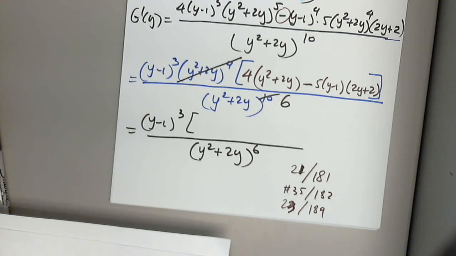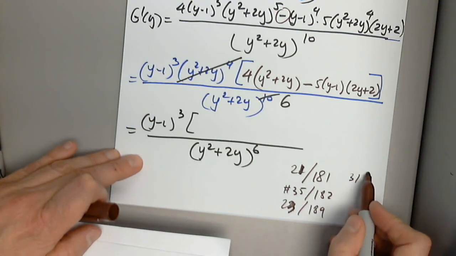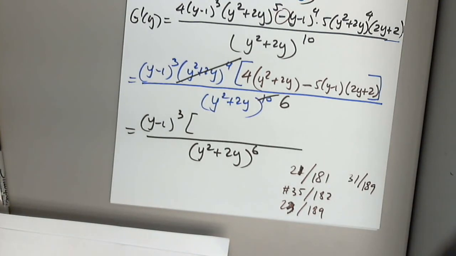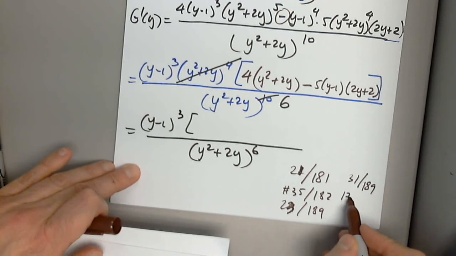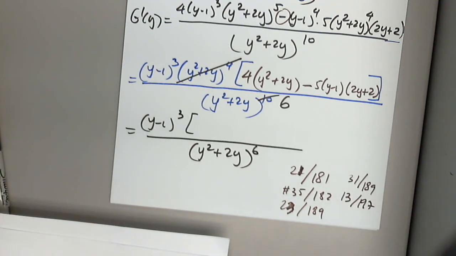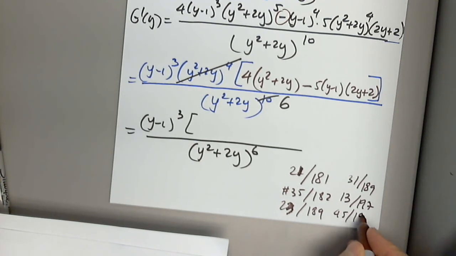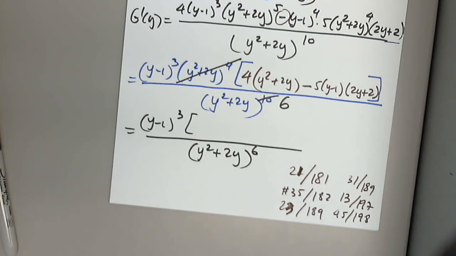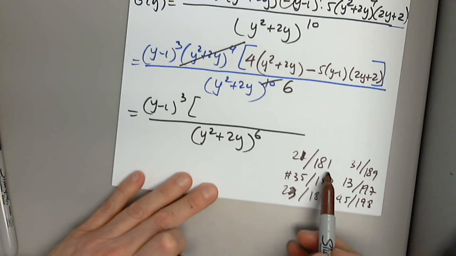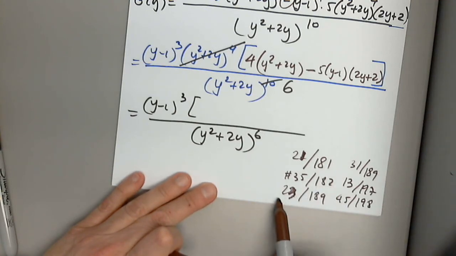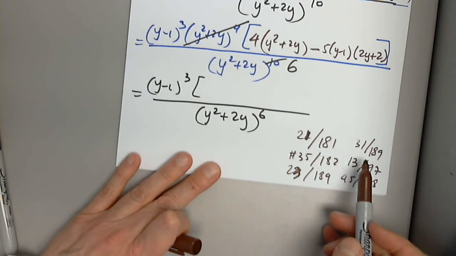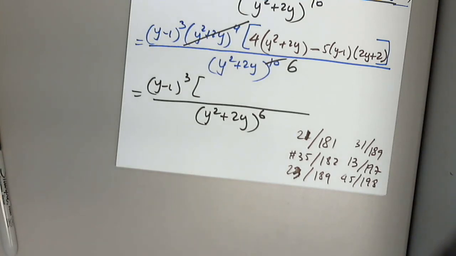Okay, 31 on 189. 13 on 197. And 45 on 198. I'm not going to assign the chain rule just yet. Yes, 21, 181, 35, 182, 23, 189, 31, 189, 13, 197, and 45, 198.